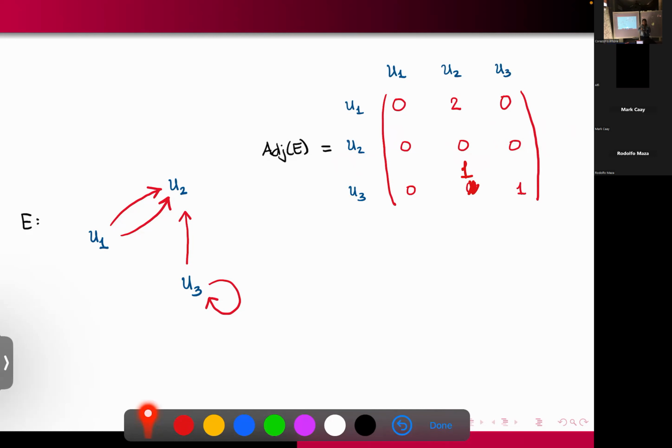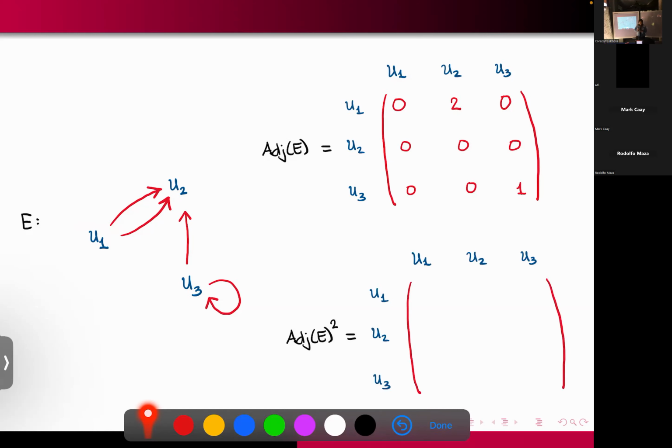On the other hand, if there is a 0 column, then this vertex corresponding to this column is what? There's no edge going to that vertex. So U1, there are no edges going to that vertex. Okay, it's a source by definition. A source is a vertex where there are no edges going to that vertex. Now, a small computation.